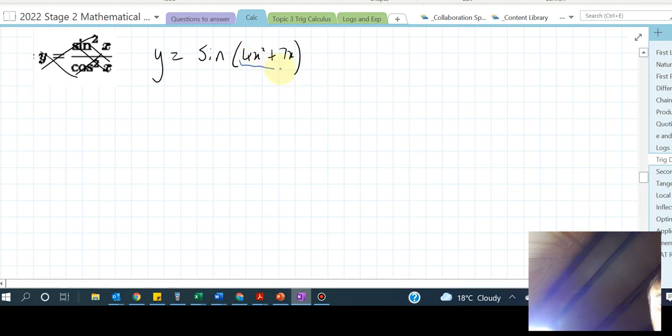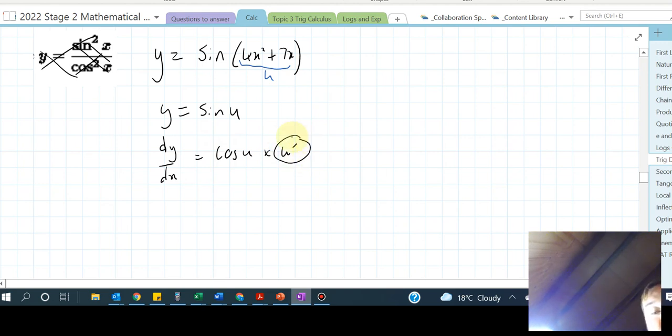This is the inner function, so u. If we let that equal u, and we say this is y equals sine u, dy dx is the derivative of sine u, so cos u multiplied by u dash. That's that chain rule coming out on the end.